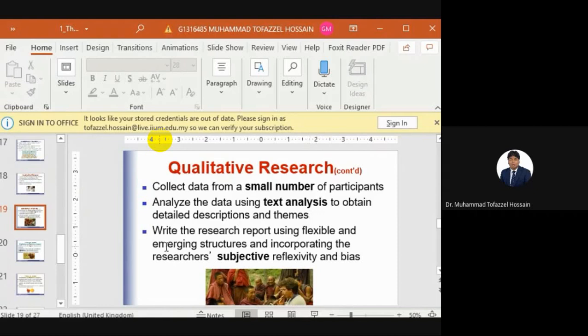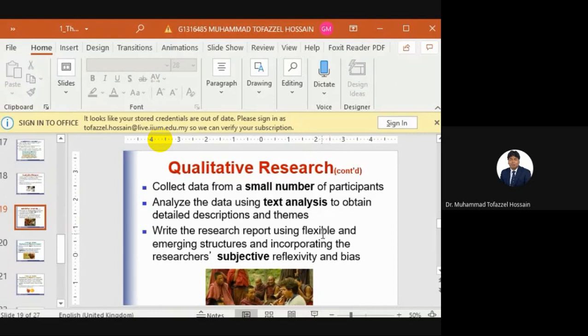This is one. Then when you write the research report, you have to be flexible. Why flexible? Because you cannot say that this is the only structure that one should follow. Rather, according to your need, you can change the structure.